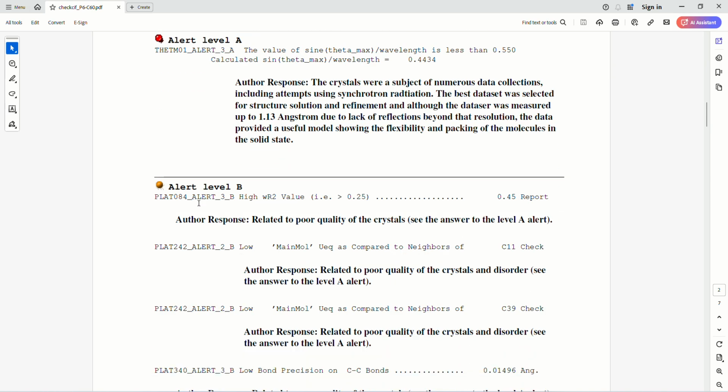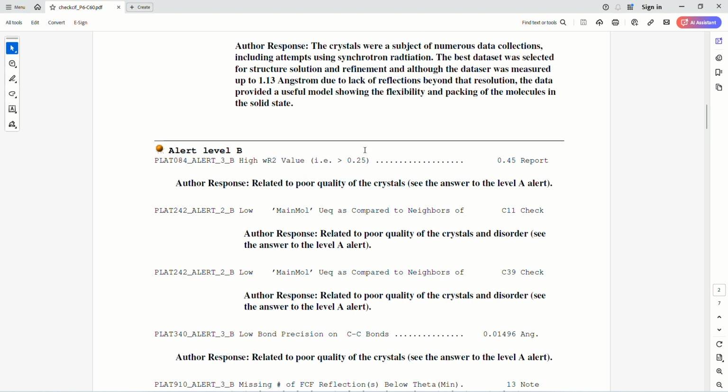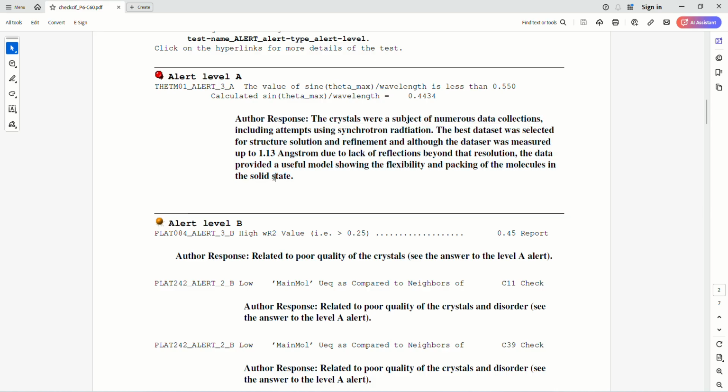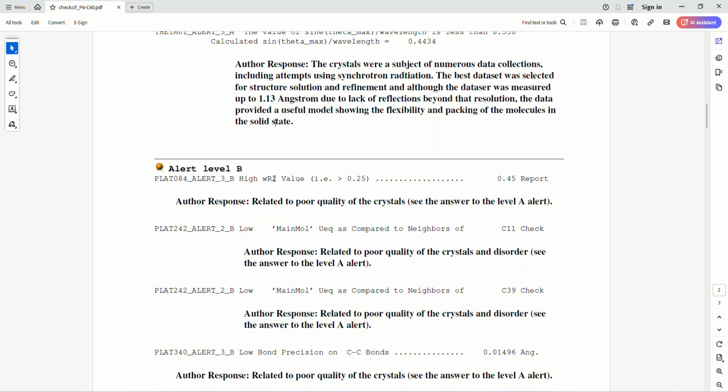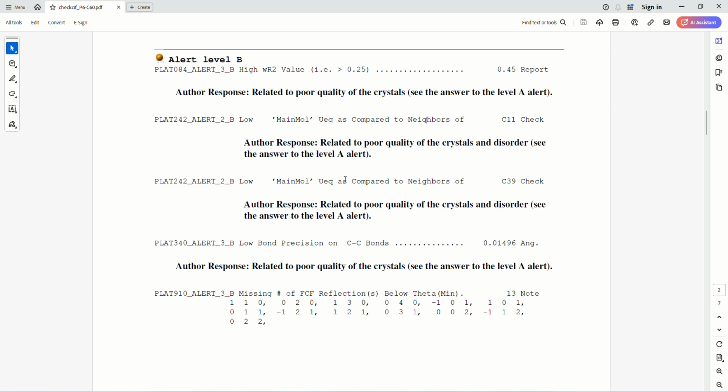Okay. High WR2 value related to poor quality of the crystals, and I also said see the answer to the level A alert, because in the answer to the level A alert I explain why our data is so poor. So again, related to poor quality of the crystals and disorder, because these are involved in, I don't remember whether they are aryl groups or fullerene, but anyway, disorder that couldn't be modeled better.